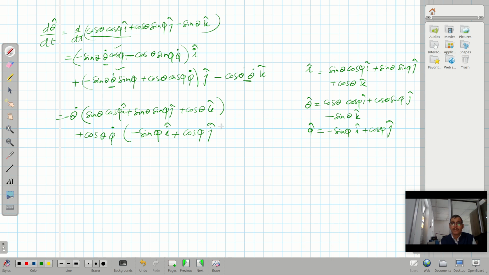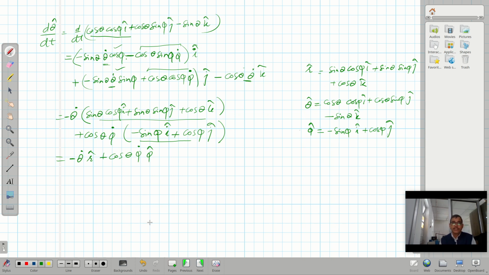This term I am putting like this, so that means now we put these two terms together, and what is it? It is theta dot with negative sign, and this is basically r cap. So minus theta dot r cap plus cos of theta phi dot, and it is phi cap. This term is phi cap when we compare it.